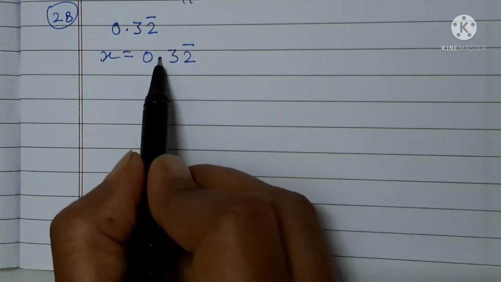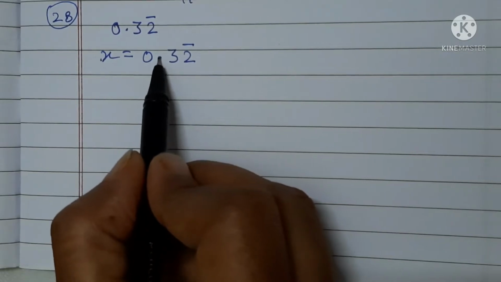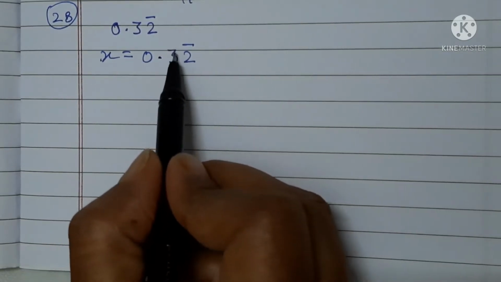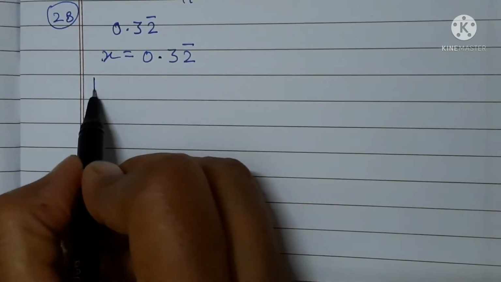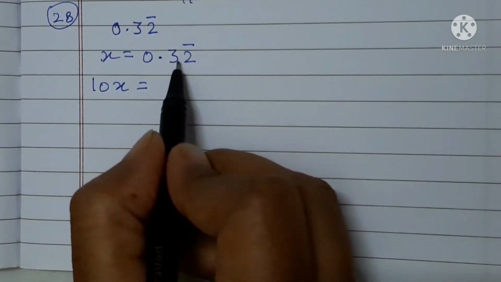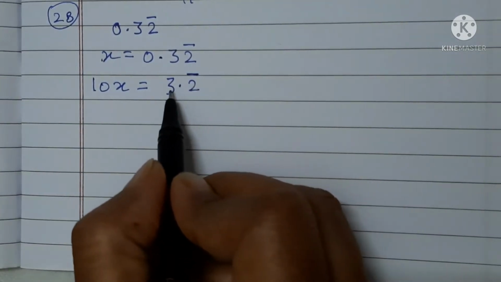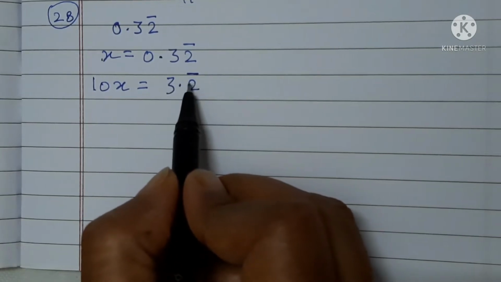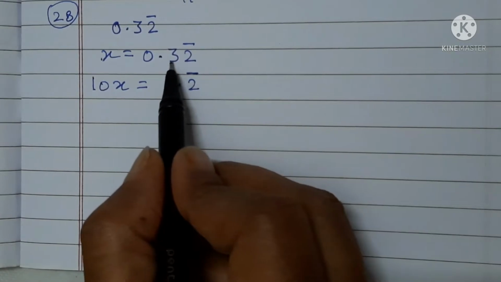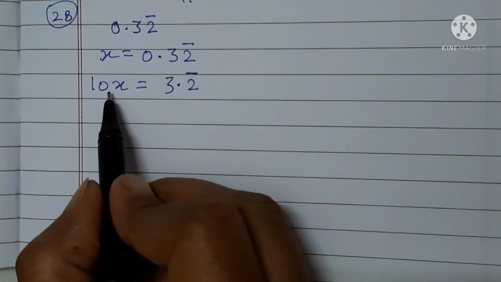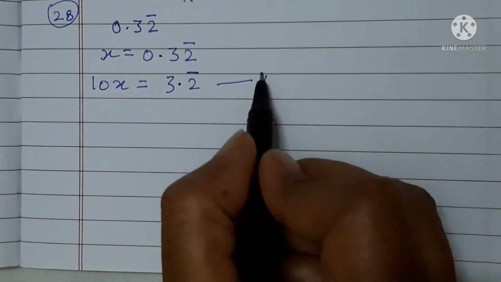So you will multiply both sides by 10, so that the decimal shifts after 3. So you can write 10x is equal to 3.2 bar. We must shift this decimal before the digit having the bar. Here only one digit is after the decimal, so you multiply by 10. So this becomes our equation first.